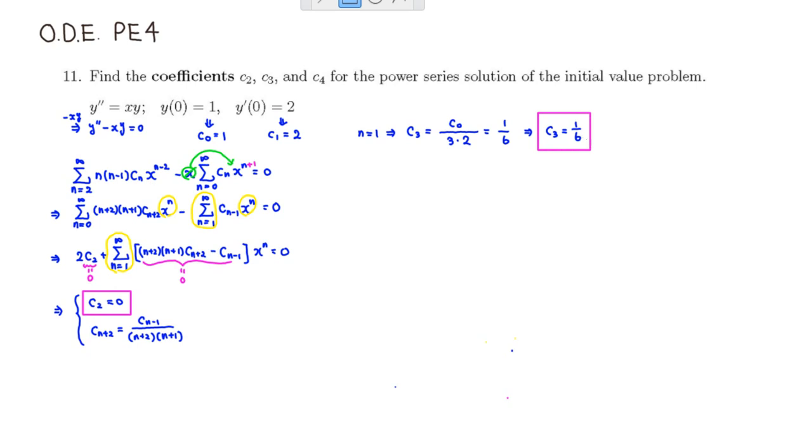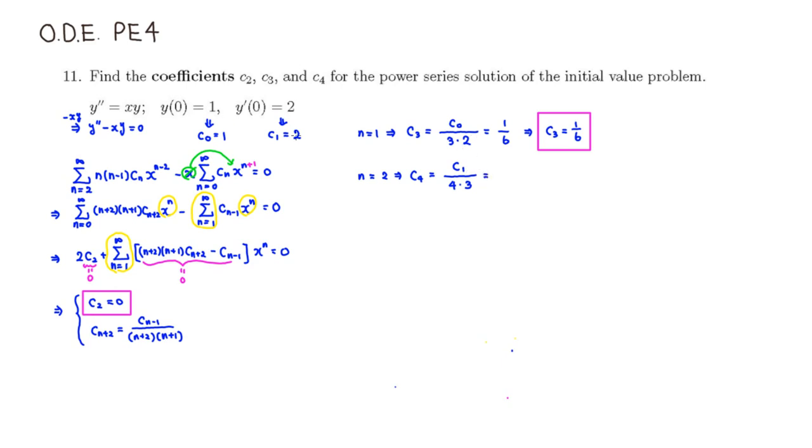Then we can do the same thing. We can set n equals 2 to find the C4 value. So C4 is going to be equal to C1 over, 2 plus 2 is 4 and 2 plus 1 is 3, so 4 times 3, which is 12.